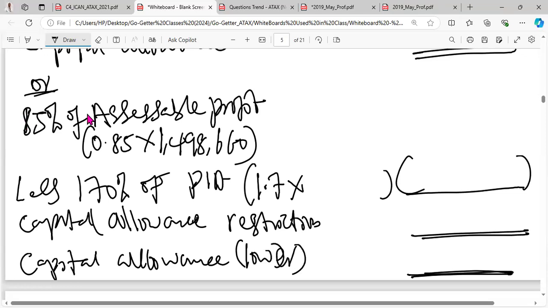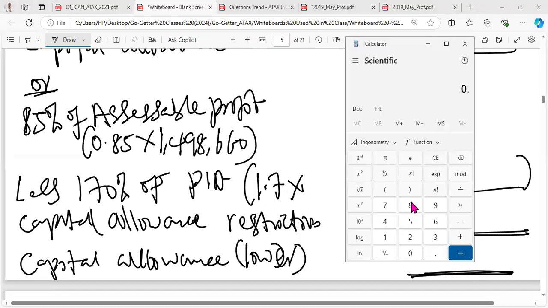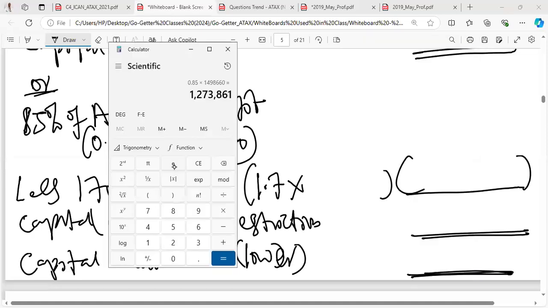All right, so let's look at this 85% here. So we have 0.85 multiplied by 1,498,660. That gives you 1,273,861.